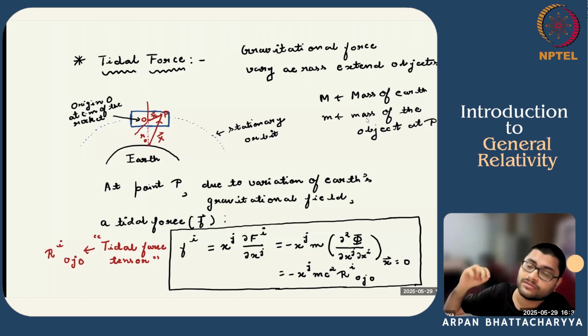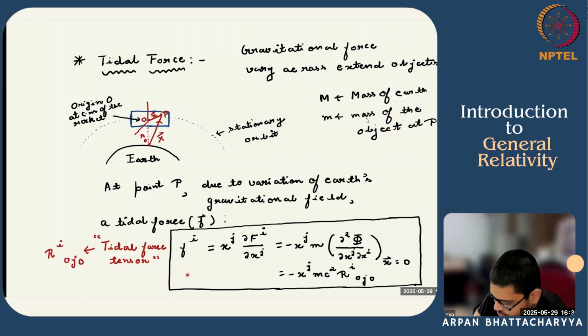And we will see that if we take the non-relativistic limit of the geodesic deviation equation, we will have precisely this equation. So it's important that we know how these equations come, and please try to derive this equation.